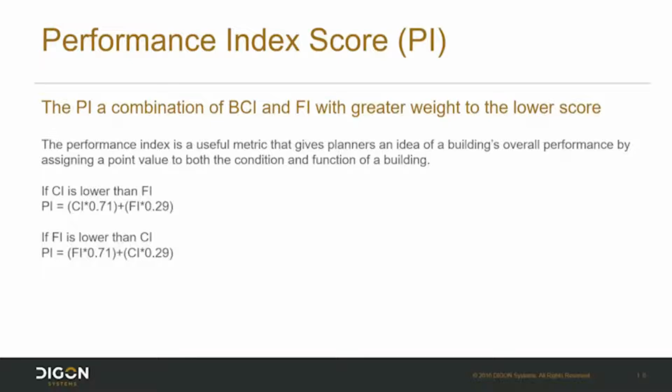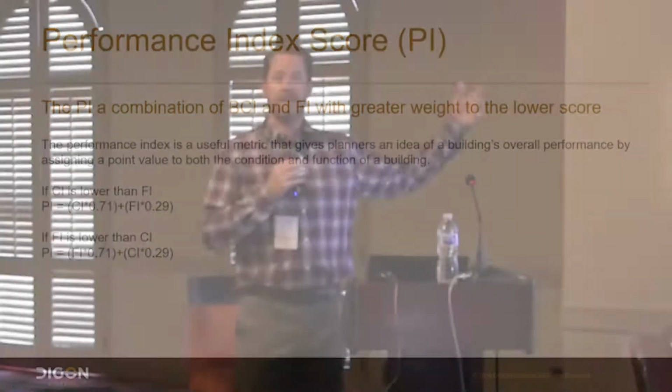So your performance index is that blend of condition and functionality with the worst carrying the majority of that weight. And it makes sense because even if your facility is in perfect condition, there is not a single piece of equipment that will fail, none of your walls have holes in them, but it is dramatically terrible in how it's functioning, that performance is low because you're likely not able to do your mission.